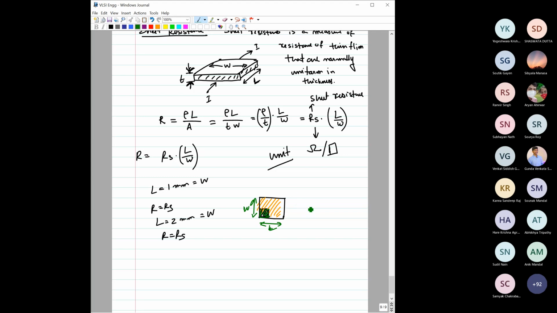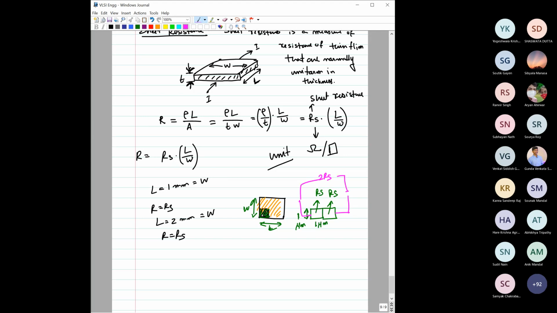Then if you fix the width to say 1 micrometer, then this length is 1 micrometer, and the resistance offered by this block is Rs. When you keep one more box beside it, this also offers Rs. So now if you measure resistance between here and here, you have a resistance of 2 Rs, right?